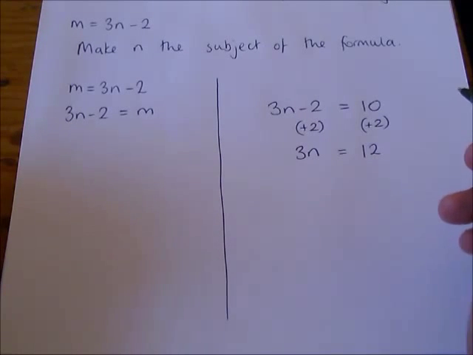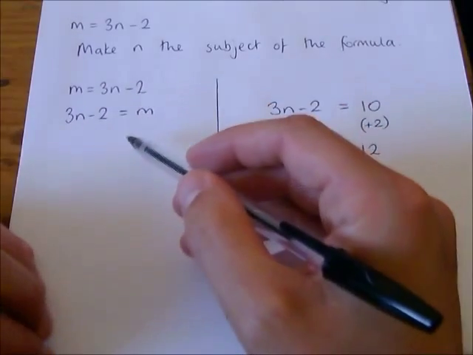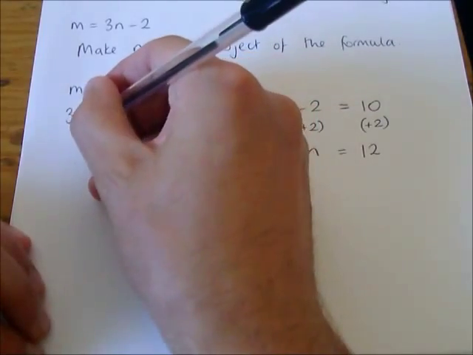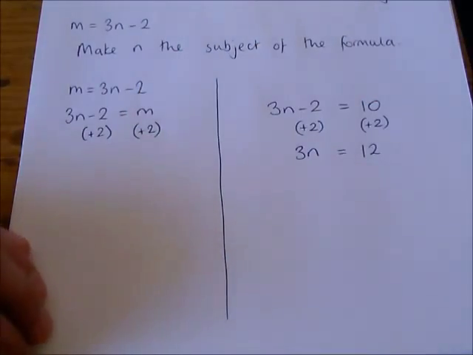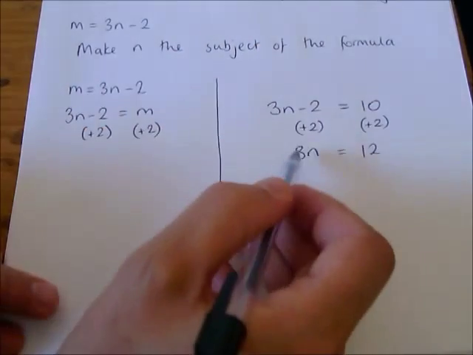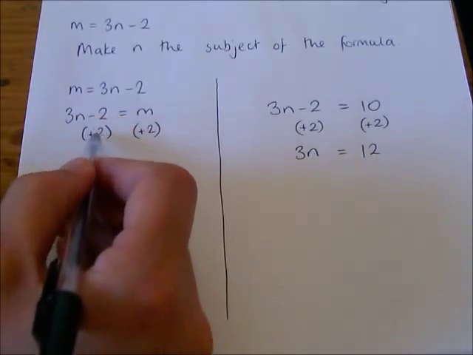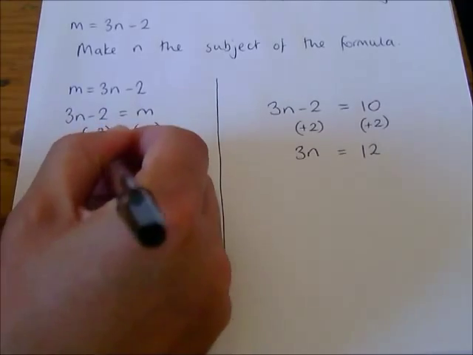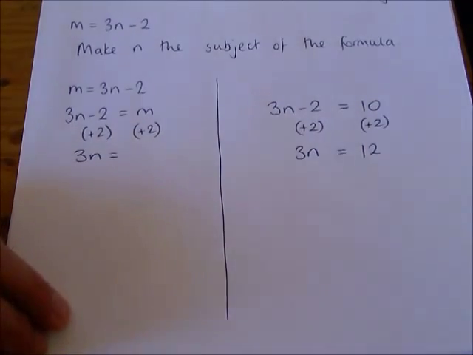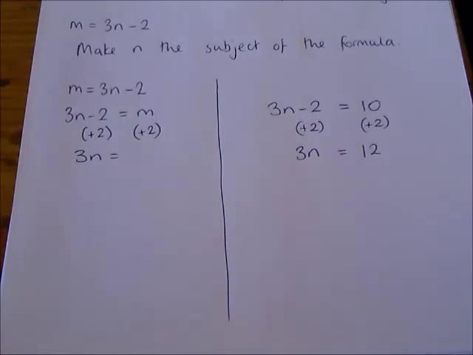So let's try to apply the same reasoning to this formula over here. Plus 2 to both sides. And what you will end up with, just like you do here, 3n minus 2 plus 2, that is going to make 3n. And this m plus 2, I ask you to simplify that.